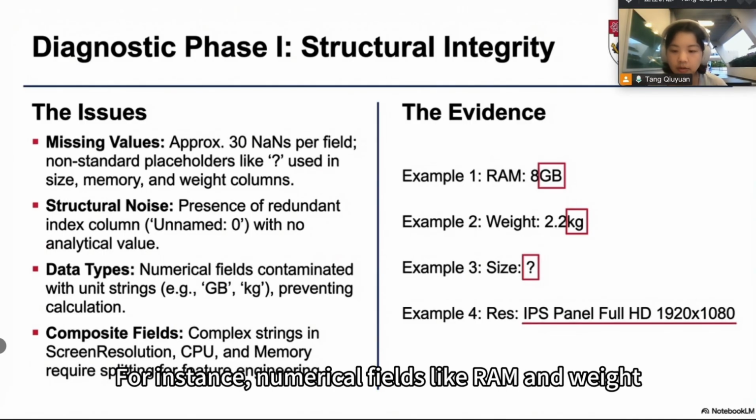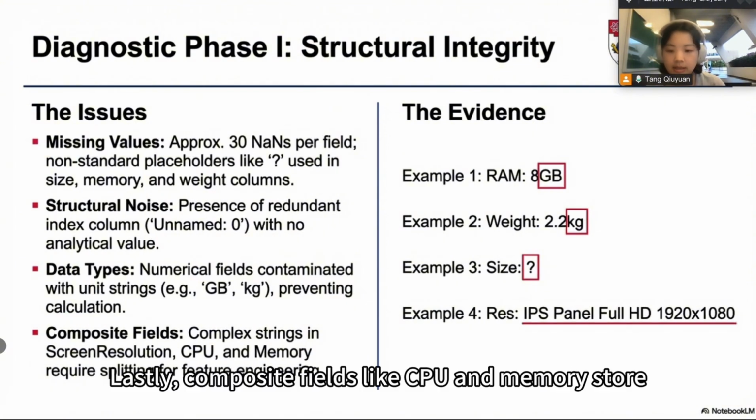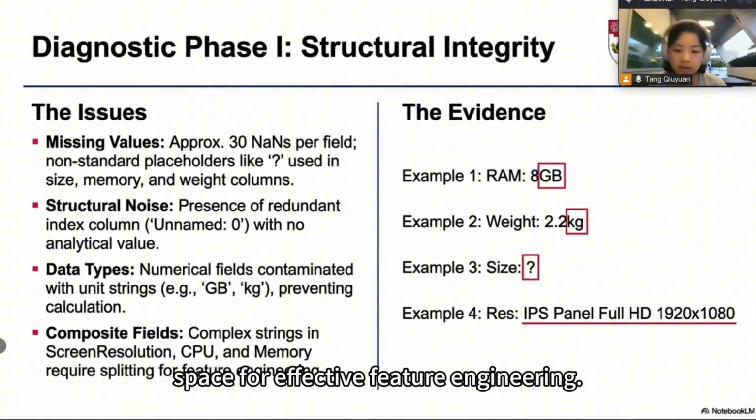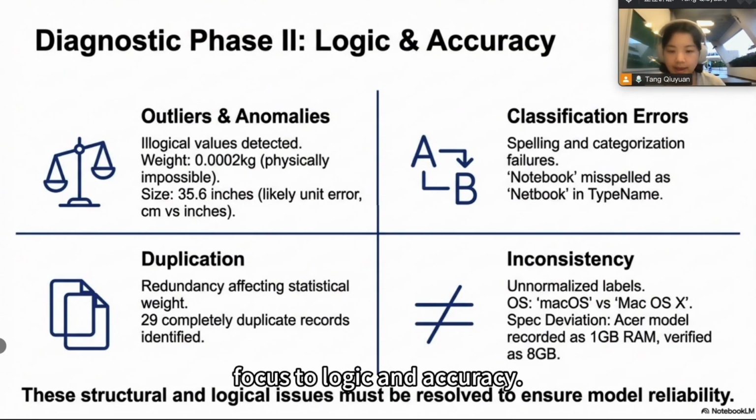For instance, numerical fields like RAM and weight contain unit strings like GB or KG, preventing direct calculation. Lastly, composite fields like CPU and memory store multiple attributes in a single string, requiring a split for effective feature engineering.